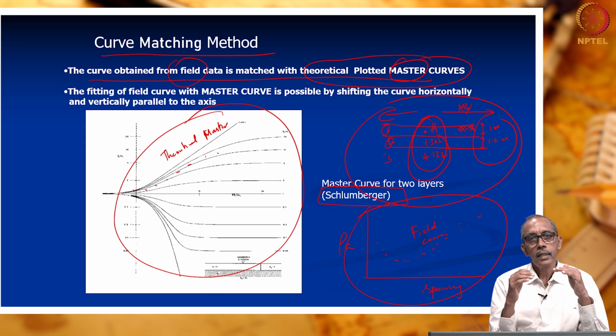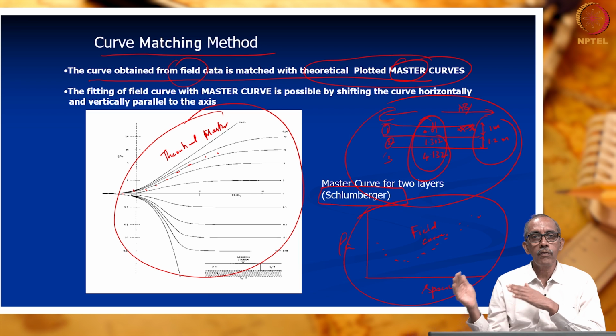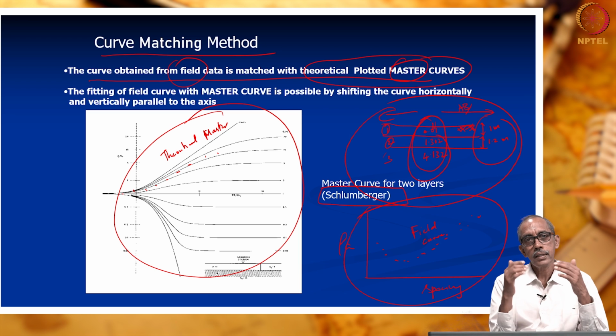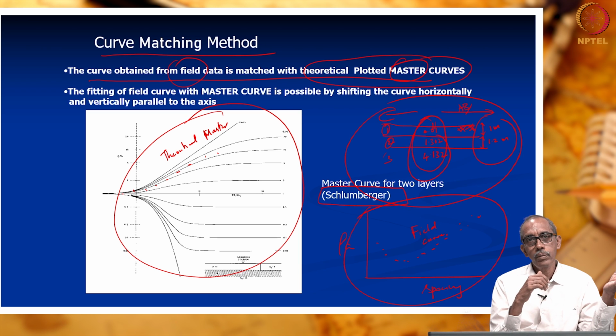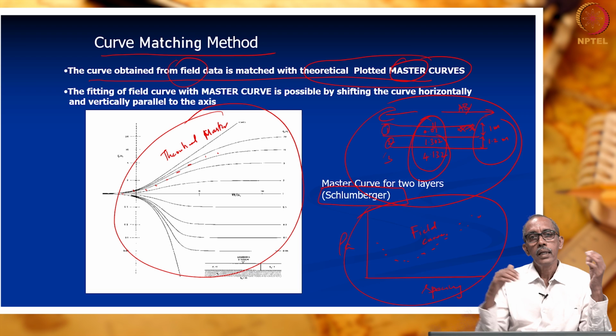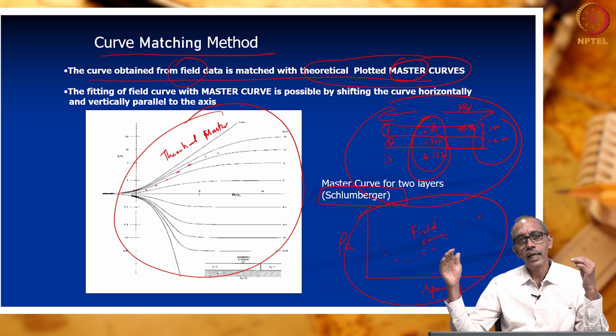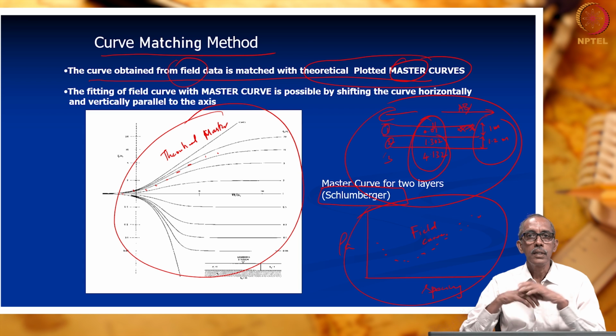Because theoretical curves were prepared by assuming different configurations of subsurface. One such theoretical curve is matching with our field curve. What does it indicate? So, whatever we have assumed to prepare the theoretical curve is likely to exist at the site where we carried out the electrical resistivity sounding. So, this is how interpretation is done by the curve matching method.